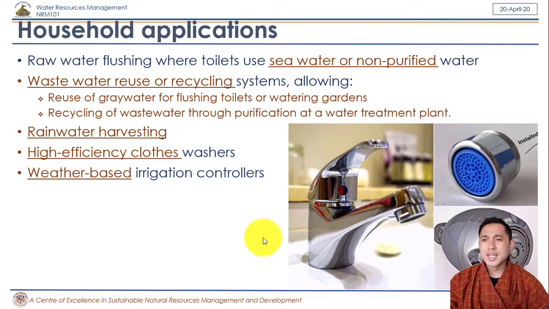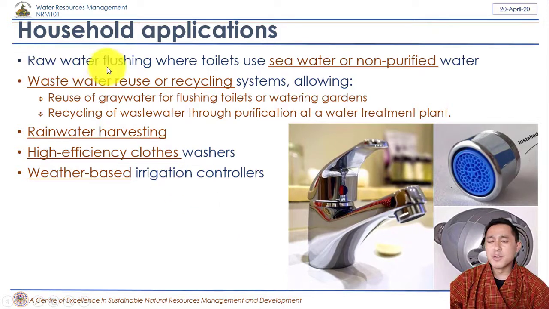We can also use raw water for flushing. So if you feel that your gray water, just coming out from washing of clothes through the washing machine, or washing of dishes, and washing of vegetables and all, that can be used for flushing the toilets.